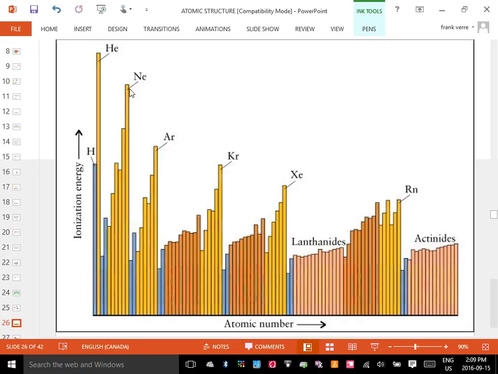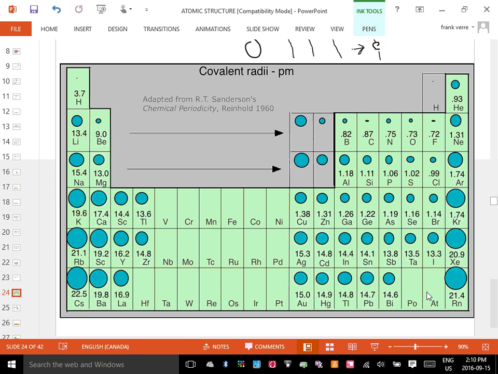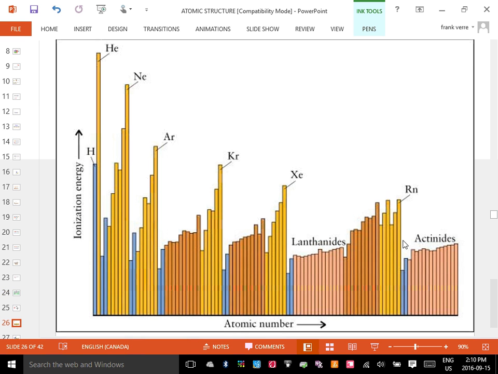You'll notice the highest ones are helium, neon, argon, krypton, xenon, radon. Where are they all? They're all on the right side. Okay, so this is the highest ionization energy, but as you go down, the ionization energy goes down too, because it becomes easier to take the electron.